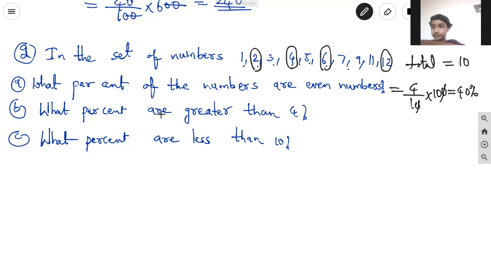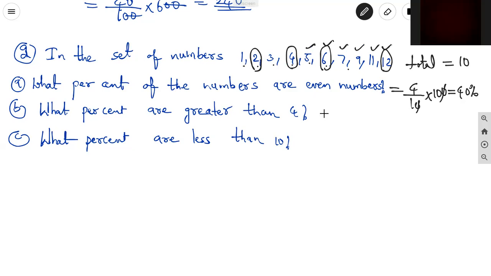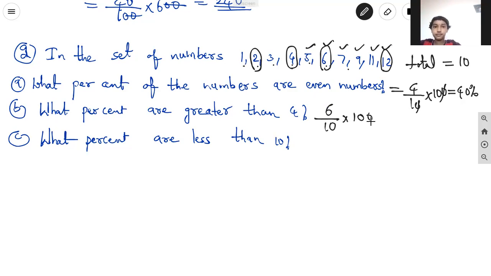Next, what percent are greater than 4? 1, 2, 3, 4, 5, 6. 6 by 10 into 100. Zeros cancel. 60% are greater numbers. What percent are less than 10?